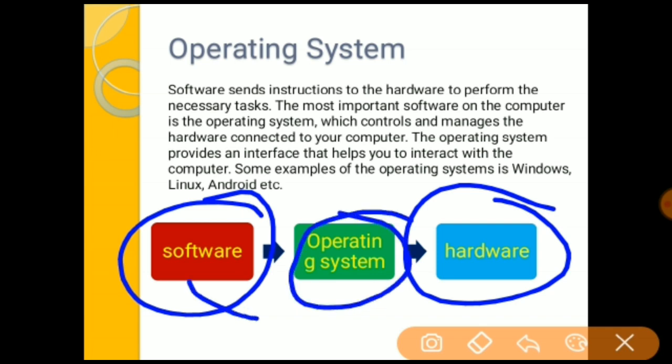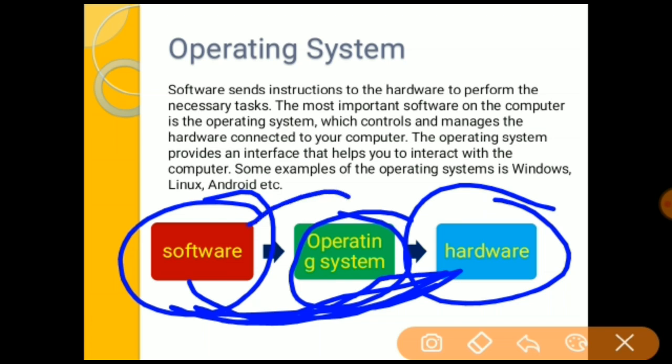Software sends instructions to hardware, but how? With the help of the operating system. The most important software on the computer is the operating system, which controls and manages the hardware connected to the computer. Without an operating system, your software and hardware will not connect anymore.